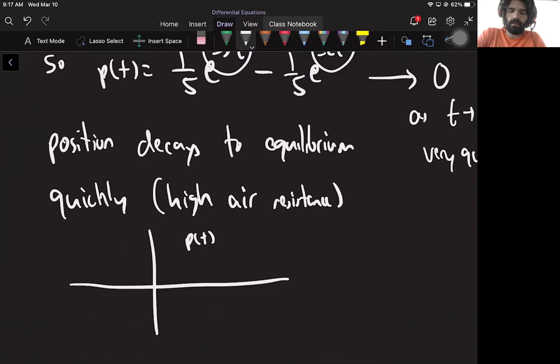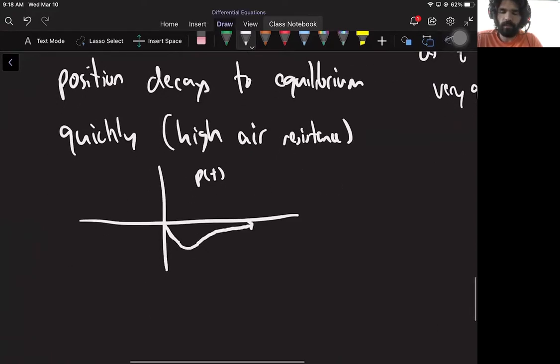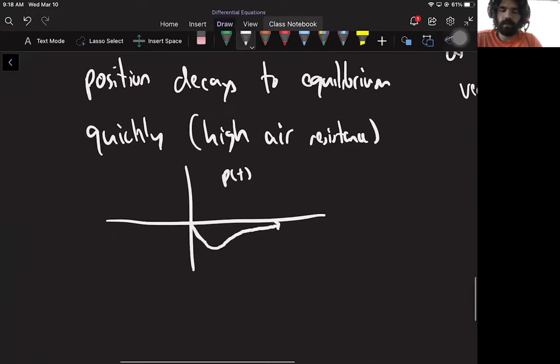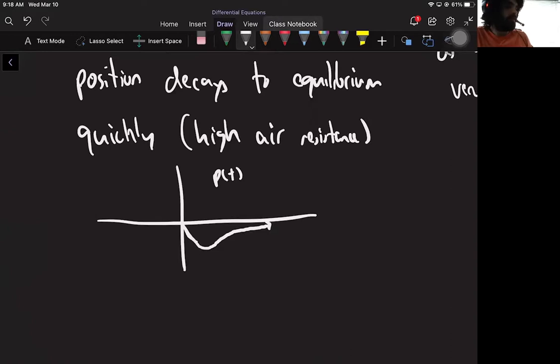Because I'm starting it by giving it initial velocity upward, the position goes up, which in the graph is down because we made up be negative, and then it'll very quickly just come back down towards equilibrium. And it won't bounce back and forth or anything like that, like we saw last time.